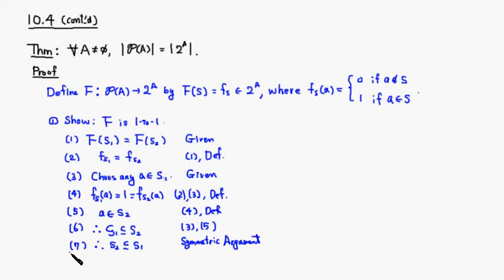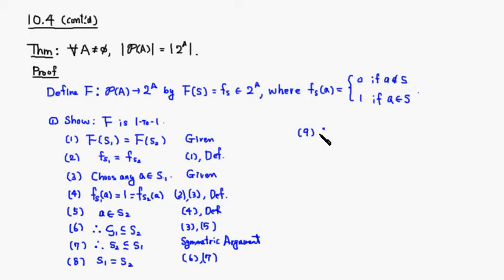All right, then you have 8. Combining 6 and 7, we know that S1 is the same set as S2. And I'm running out of room, so I'm going to say line number 9.